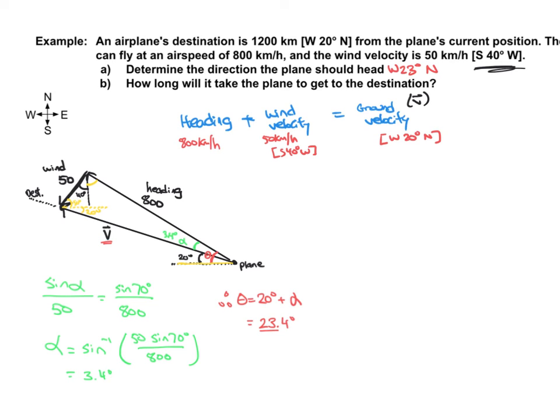So I can get that because I know all the angles in this triangle, all the interior angles have to add up to 180. So I just take 180 and I subtract all those angles I have written there. So 180 minus 40 is 140, and then minus 70 gives me 70, and then minus 3.4 gives me 66.6. That's an ominous number.